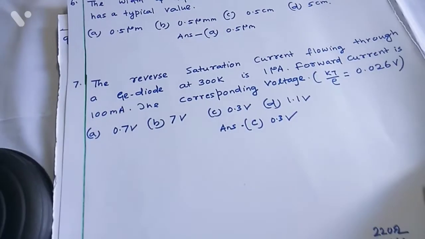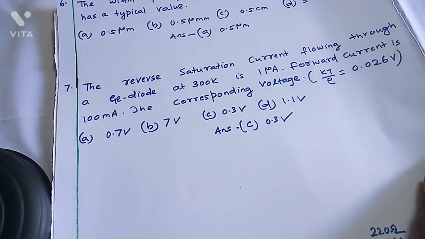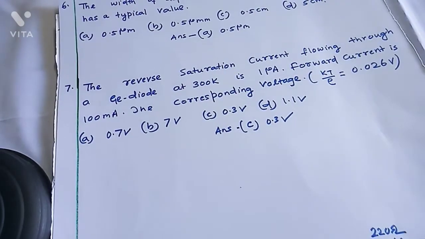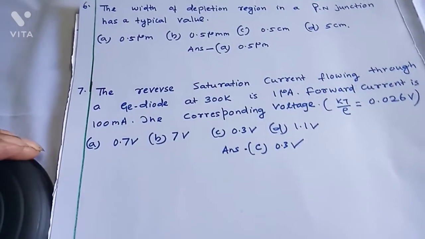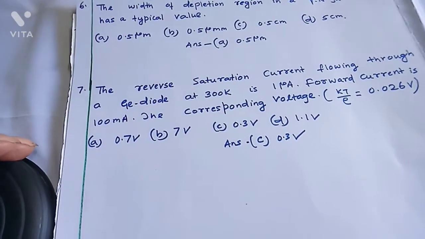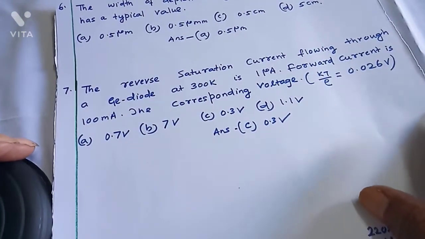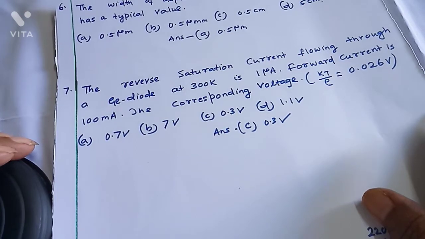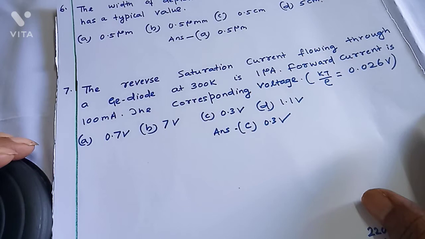Next question is, the reverse saturation current flowing through a germanium diode at 300 Kelvin is 1 microampere.